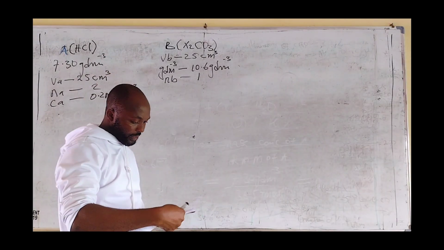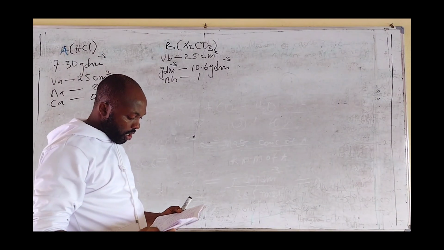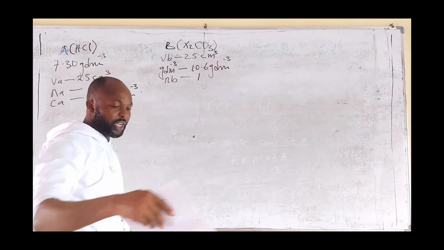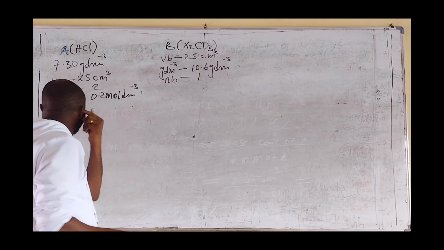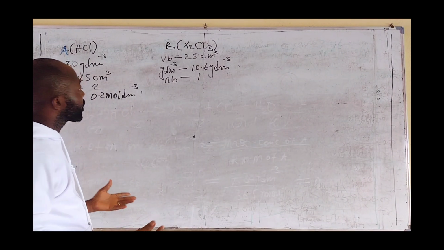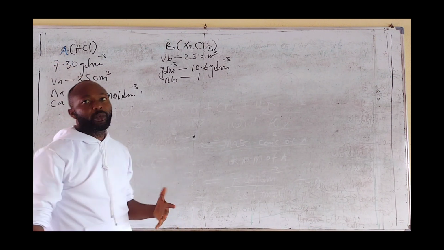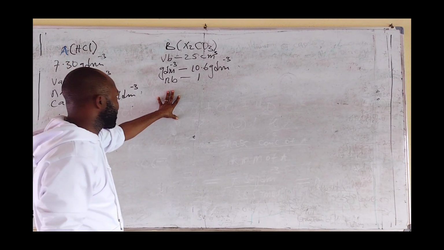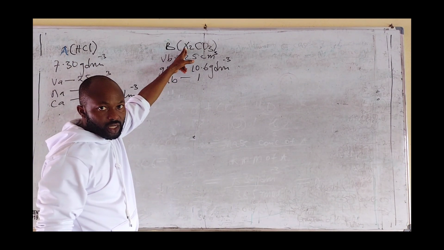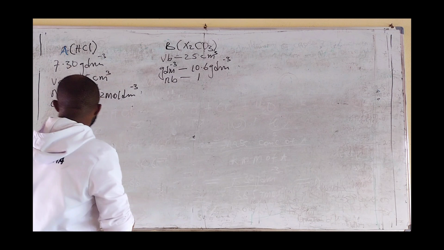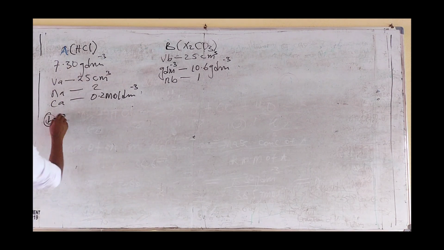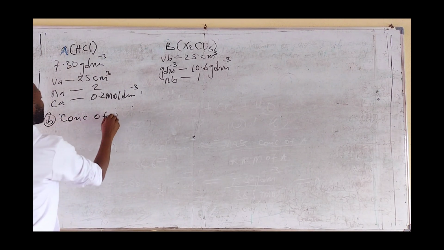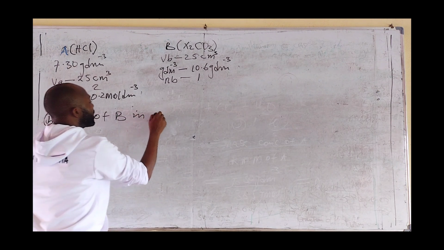The B says concentration of B in mole per dm cube. So now, the only way we can get the concentration of the base, we can't use the formula mass concentration over relative molecular mass because the X here is still unknown. So we use the CAVA. Concentration of B in mole per dm cube.